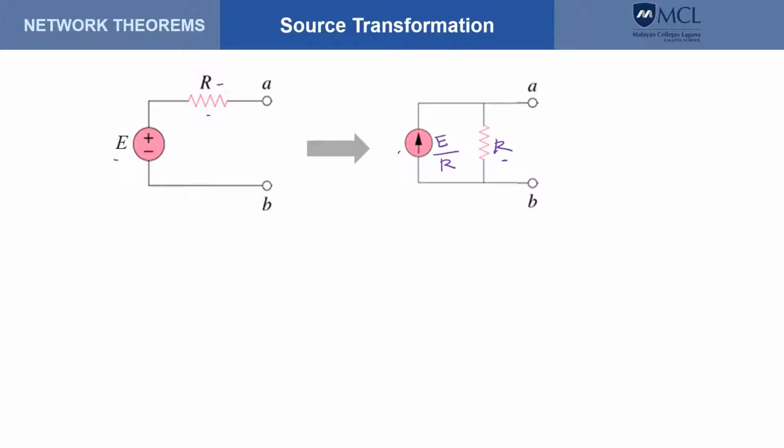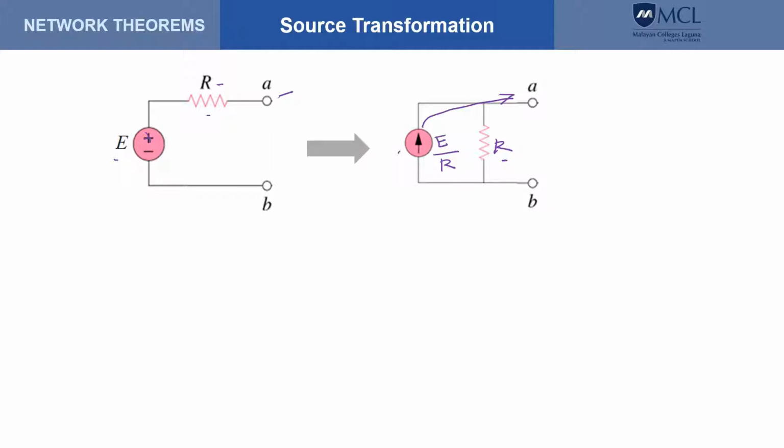The direction of the current source is towards A because the plus sign here is facing the terminal A.